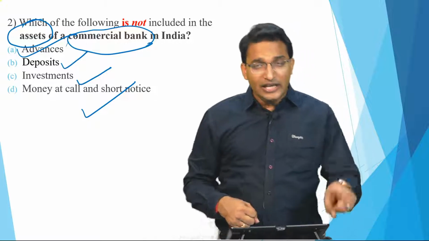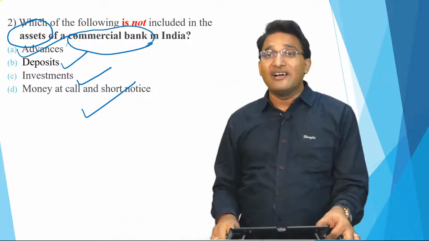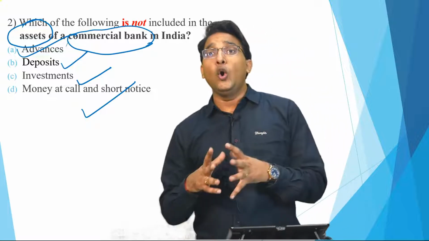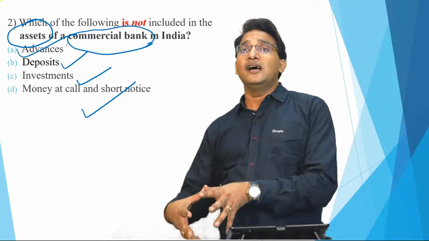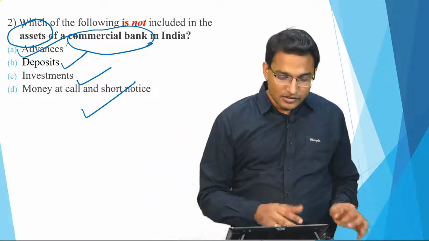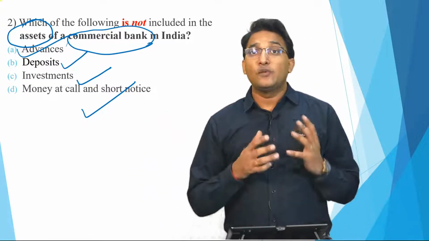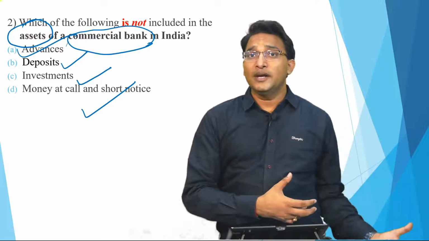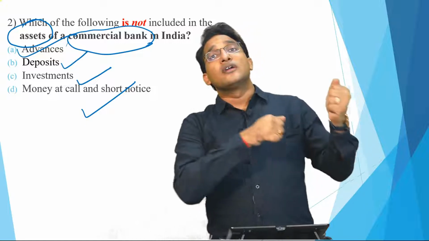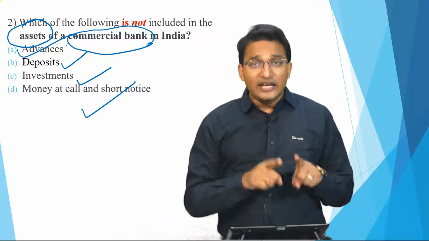Now coming back to each of the options. The first option is advances. Advances basically means the loans which have been given by the bank to its clients. Second is deposits. Deposit means the money which has been deposited by the bank's customers into the bank. Third is investment.